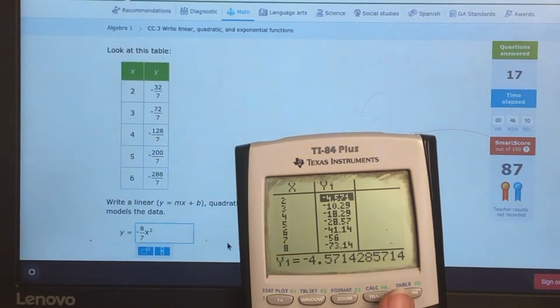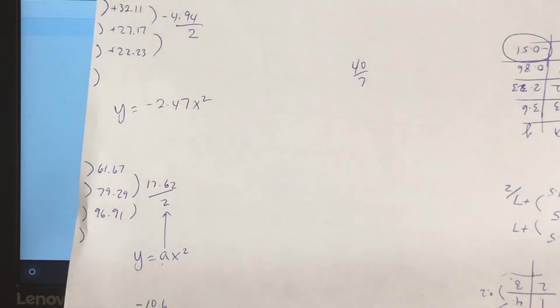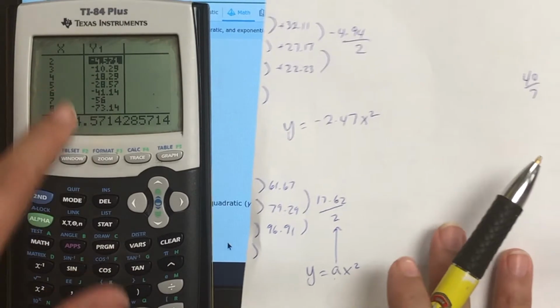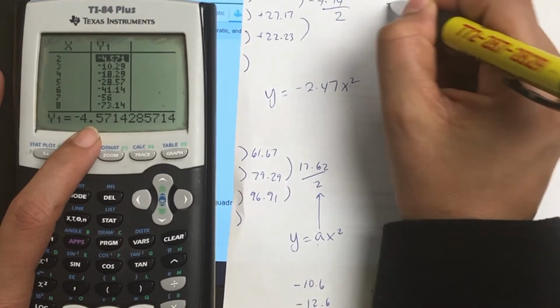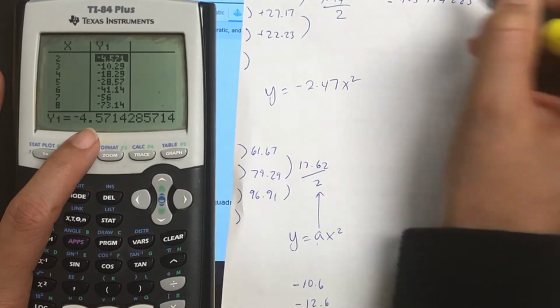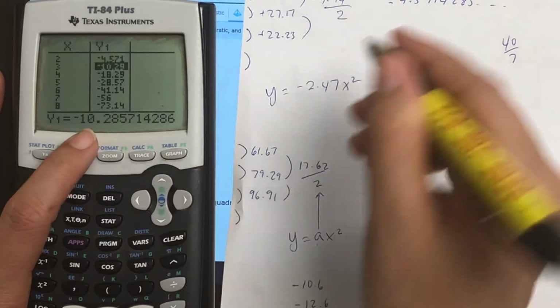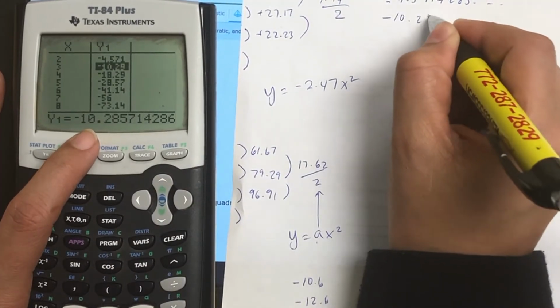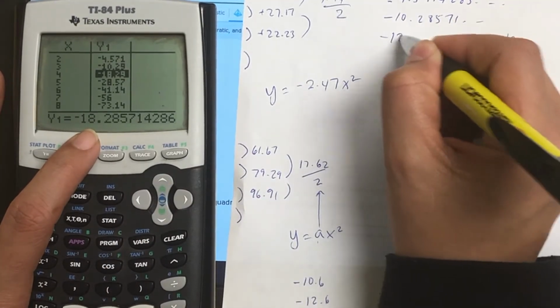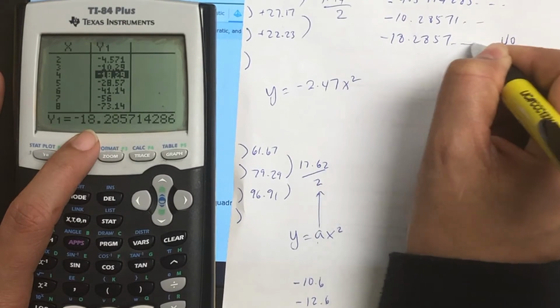So write down my decimals and check to see if they're the same. So starting at the 2 one is this one. Negative 4.571428 and so forth. Next one, negative 10.2857. I'm just going to check 3. Negative 18.2857.